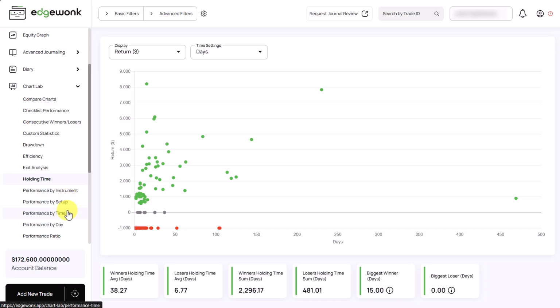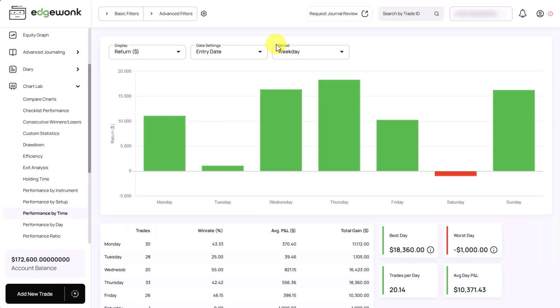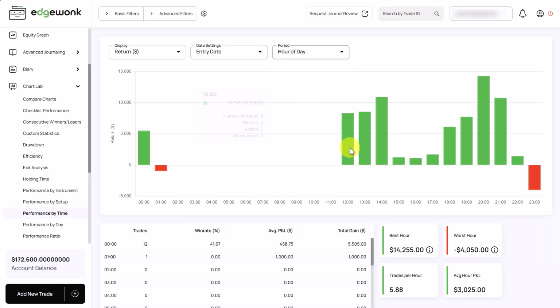If you're a day trader, something to always check is your performance by time. So when do you get most of your trades? What happens often in the backtest is that when you fast forward, you see a signal, you take that trade in your backtest, you journal it. However, when you evaluate your strategy, you have to understand when those trades happen. Do they happen when I have the option, or am I even able to take the trade?